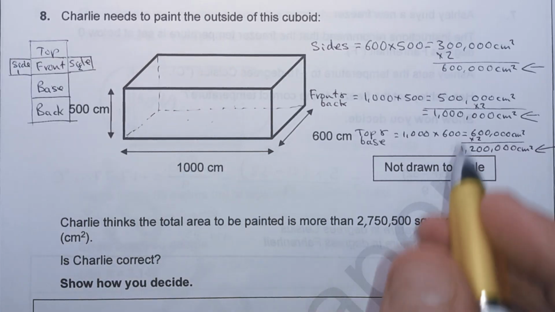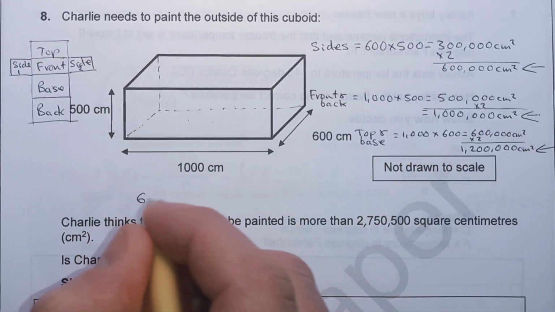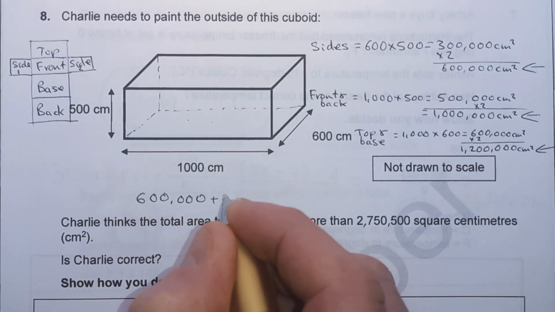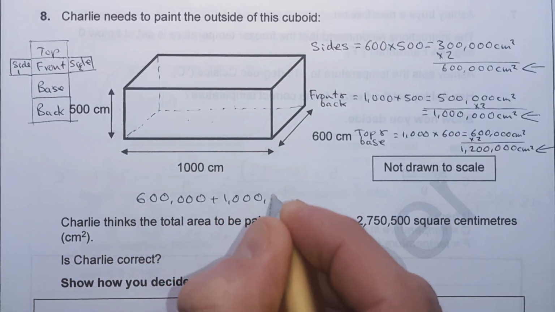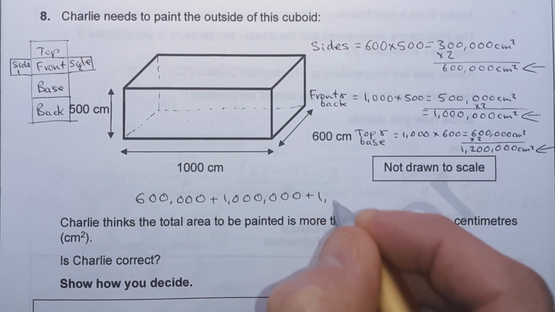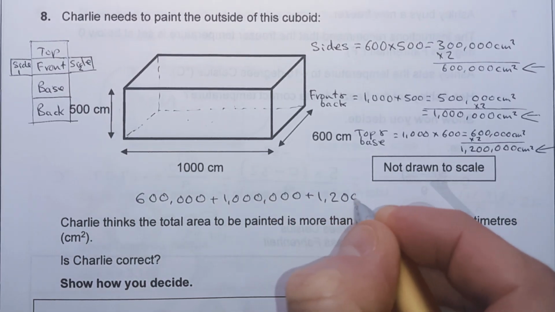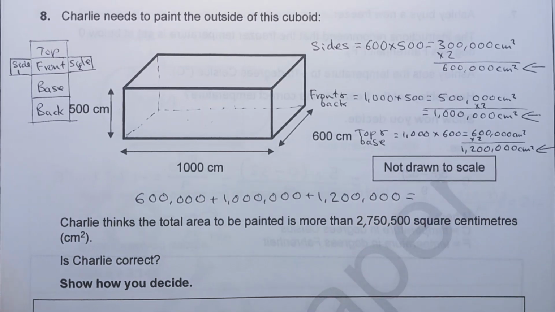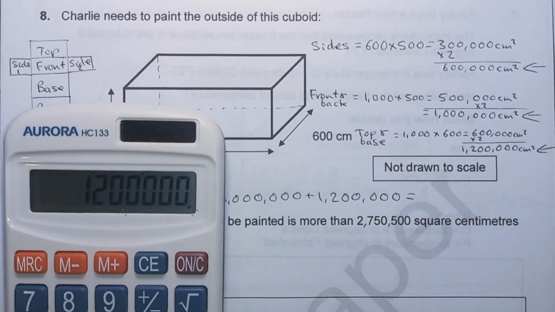So we want the total. So we're going to need to add up our 600,000 centimetres squared plus our 1 million centimetres squared plus the 1,200,000. So we've already got the 1,200,000.